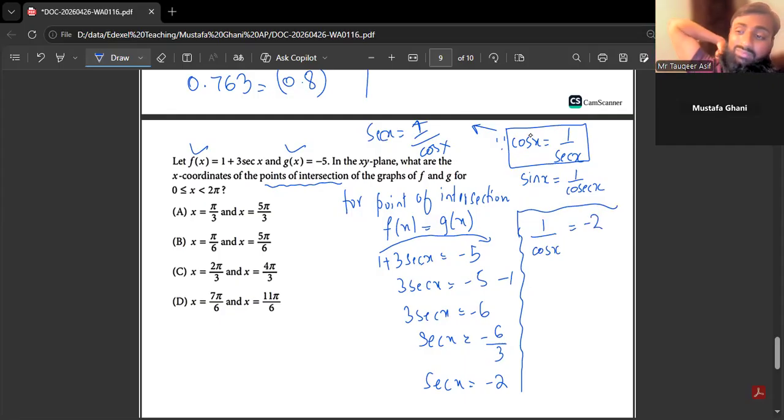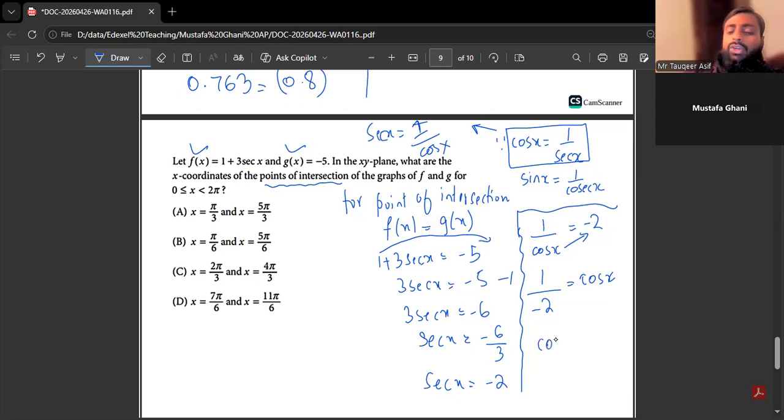Now we're gonna plug in this way. We will move this minus 2 to the left hand side to the denominator place, and then we will write cos x equals 1 by minus 2, that is negative 0.5.